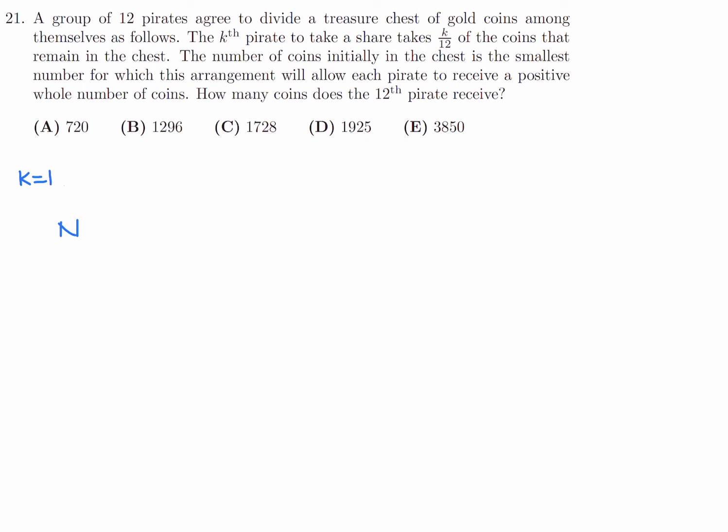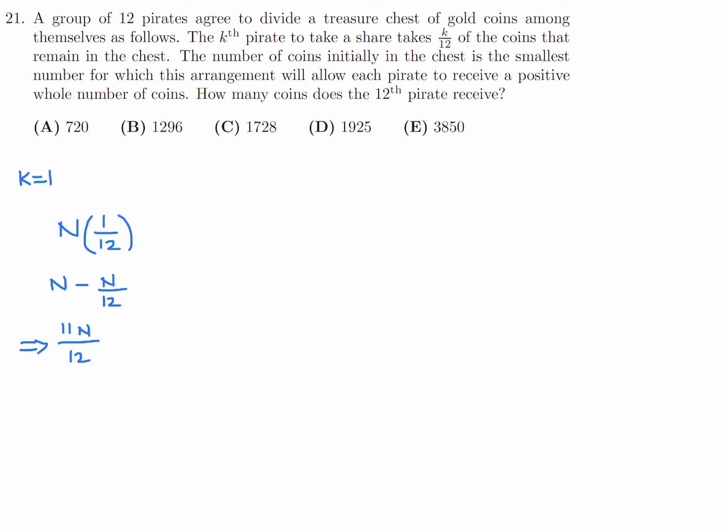So he's going to take N times 1 over 12. After he does, how many coins are left? N minus N over 12. So 11N over 12 coins are remaining after the first pirate takes his share.